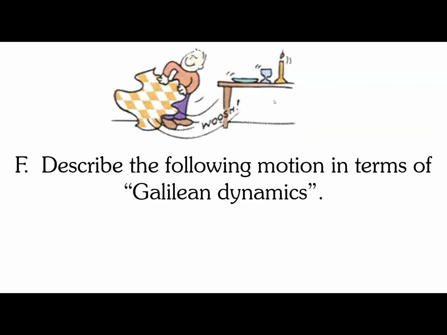So describe the following motion in terms of Galilean dynamics. The tableware is just sitting there. It wants to keep on sitting there. So because of the tableware's inertia, it keeps on sitting there. And this is a moment of science that was forgotten in a movie, How the Grinch Stole Christmas.